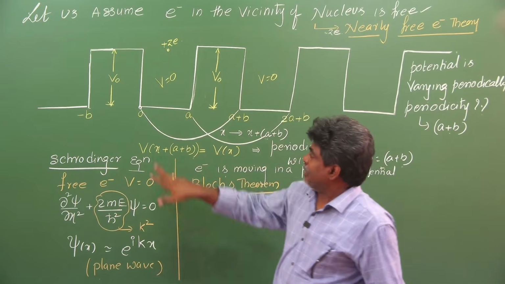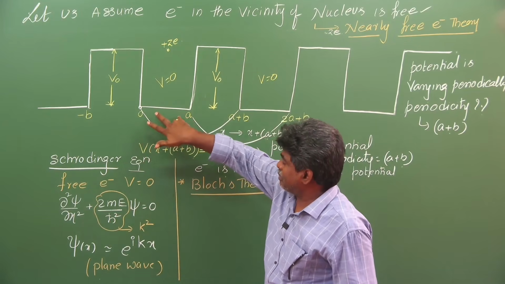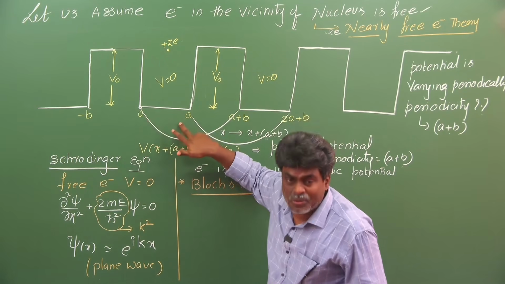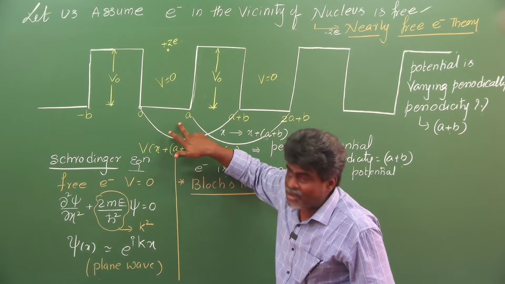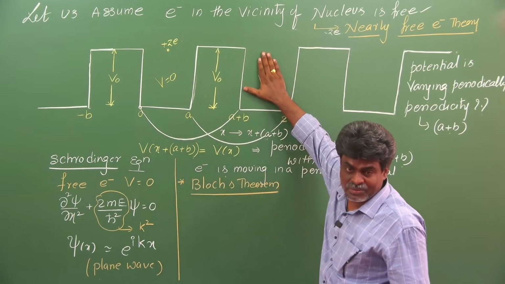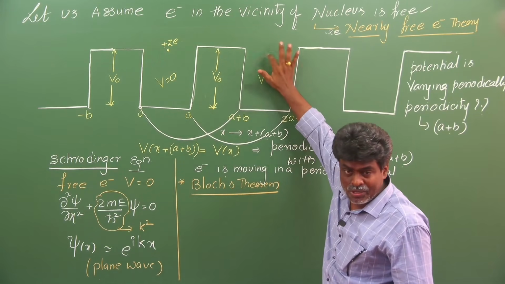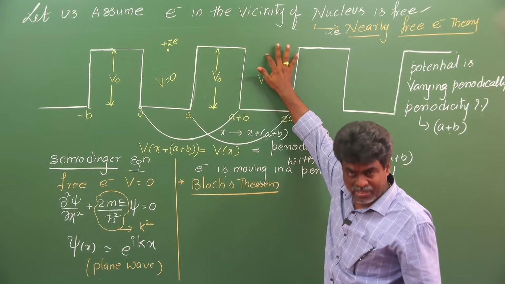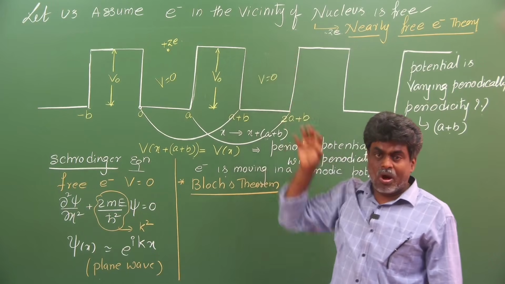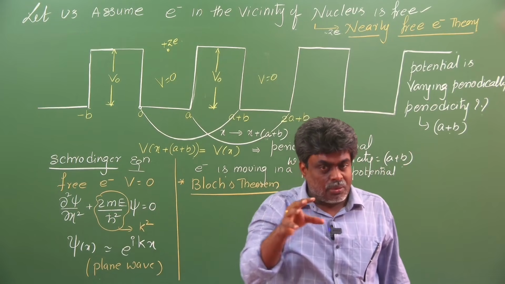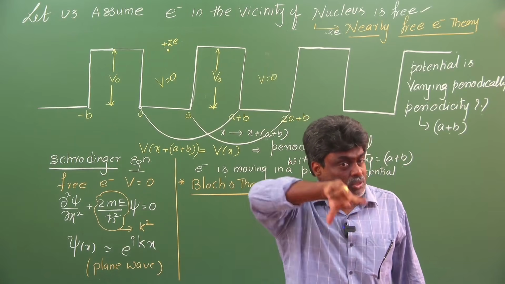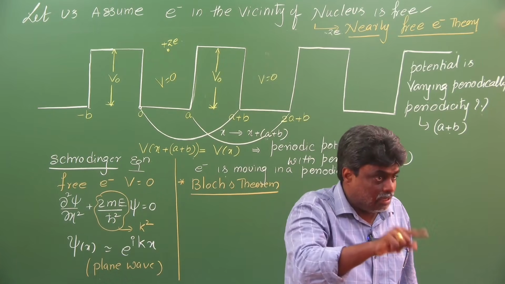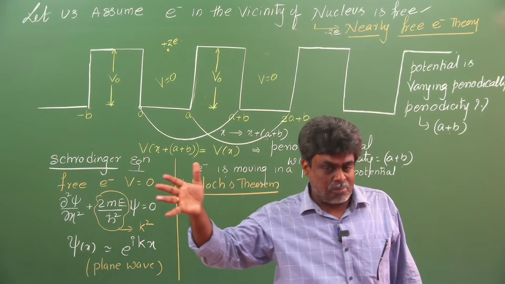For example, you know the potential, you know the solution from 0 to A. After the periodicity, which region you are getting? This solution you can find by using Bloch's theorem. So Bloch's theorem simply gives you the Schrodinger equation solution of a particle moving in periodic potential.